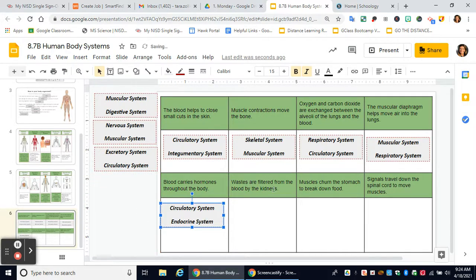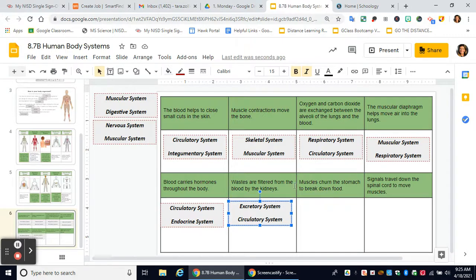And then wastes are filtered from the blood by the kidneys. So wastes are excretory, okay, and kidneys are part of your excretory, and then we have blood. So blood, circulatory. Muscles, so muscular system, churns the stomach to break down food. So muscles mix in the stomach to break down your food.